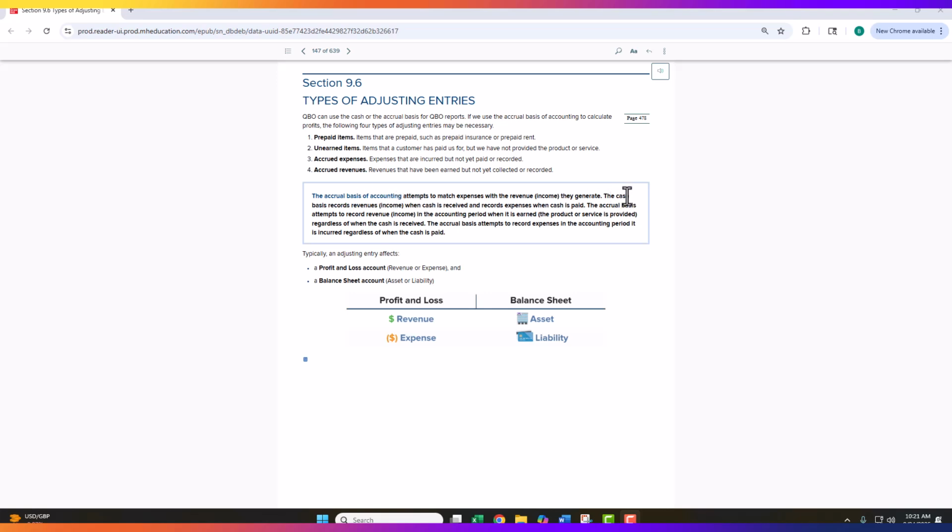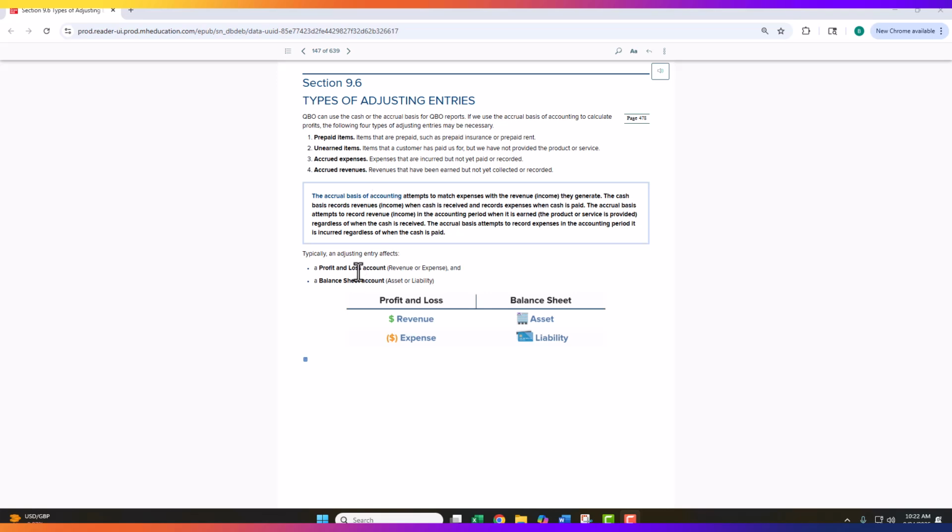Another basis of accounting is referred to as the cash basis of accounting. A lot of small businesses use this. The cash basis of accounting records revenue when the cash is received from the customer and records expenses when the cash is paid out. The adjusting entries that we're going to do for Mookie the Beagle Concierge as well as Haffer Cyber reflect the accrual basis of accounting.